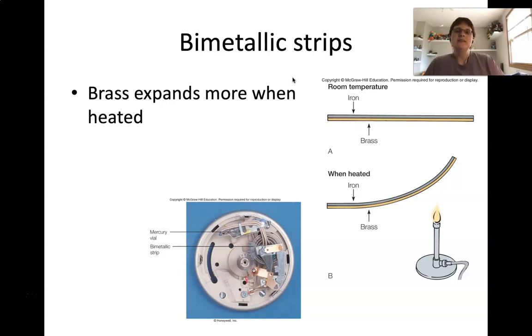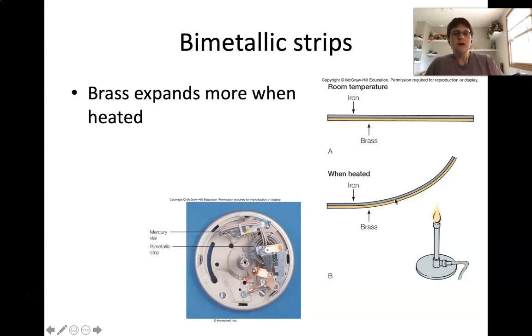In something like a bimetallic strip, where you've got iron on one side and brass on the other, when it gets heated, they don't expand the same way. The brass is actually going to expand faster and more than the iron will.